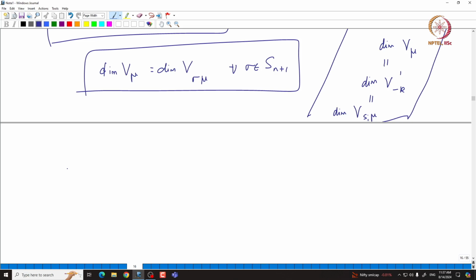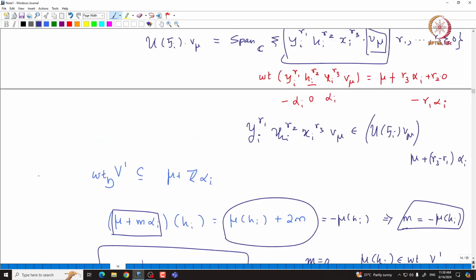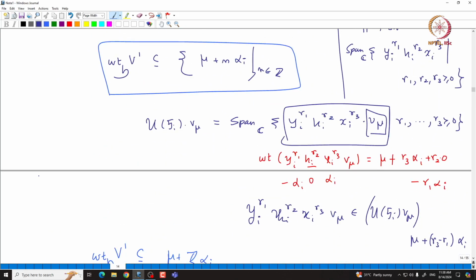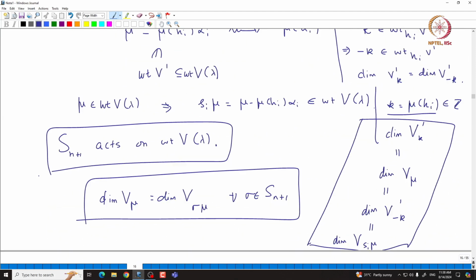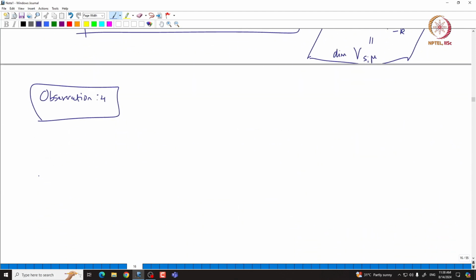So, now you can actually conclude the following. A somewhat stronger version is true, but I will leave it as an exercise because it is more of a combinatorial result. But what one can observe immediately, observation 4: if I take the weights of V_lambda, we already said that S_{n+1} is going to act on these weights.